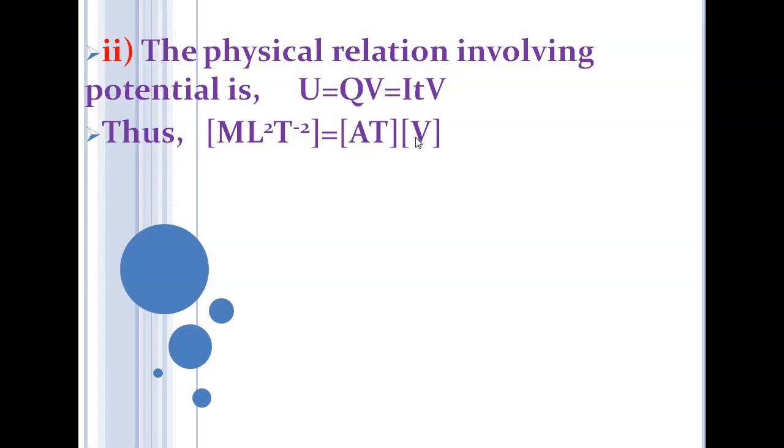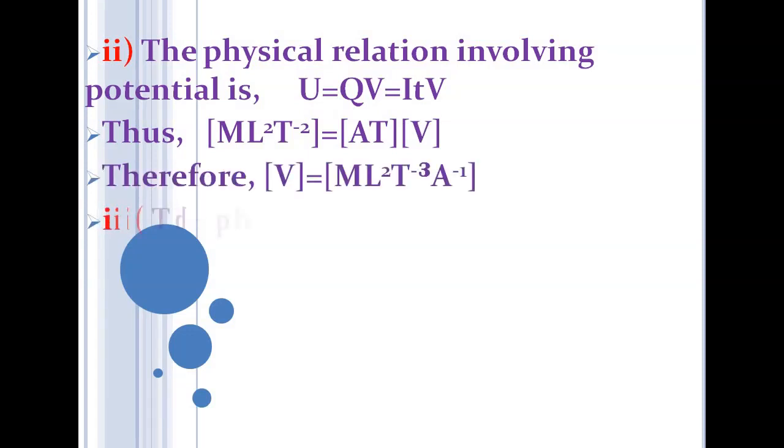From this we are finding the dimensional formula for V. So we get the dimensional formula as ML^2T^-3A^-1.